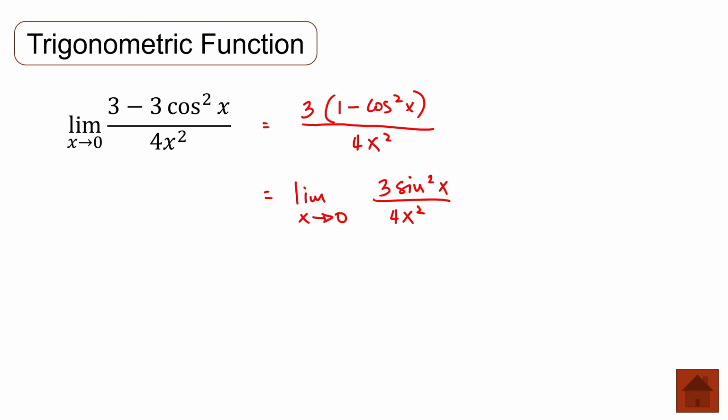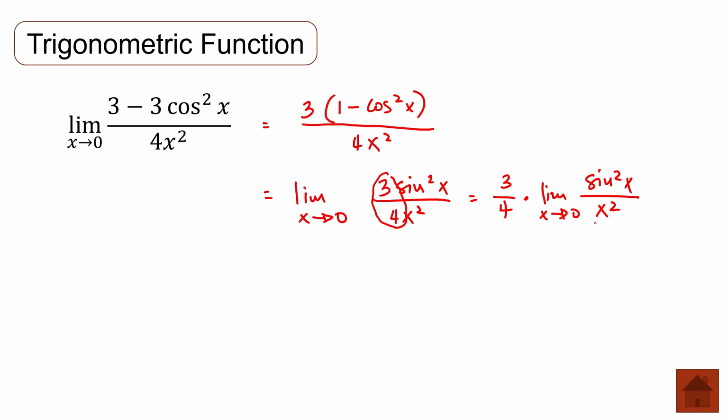So meaning we can actually take this out, this 3 over 4, like we can write this as 3 over 4 times the limit of sine square x over x square as x approaches 0. Now you might be thinking, oh, now I can substitute the 0. Now hold on, we can still do something about this problem.